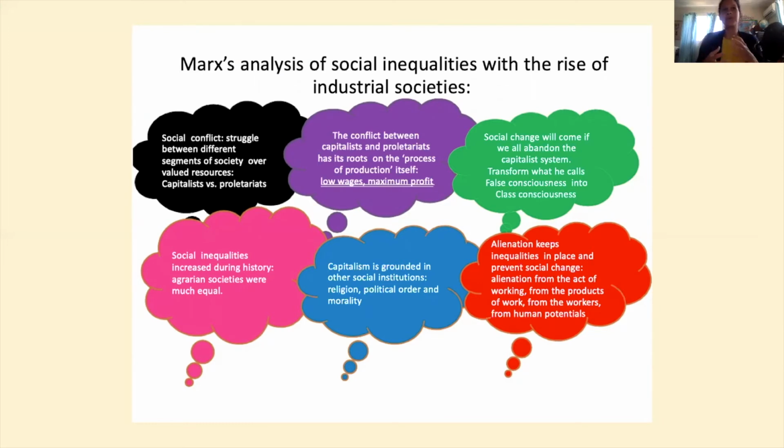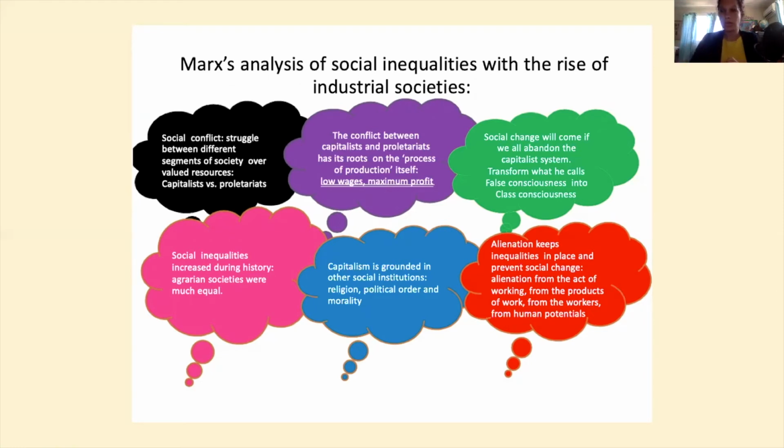The labor system was concerned with low wages for laborers and maximum profit for capitalists. So social change would be the only way to break out of the system. What Marx concluded is that social inequalities increased during history.